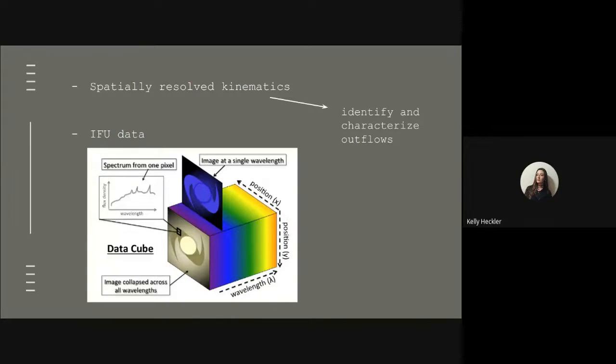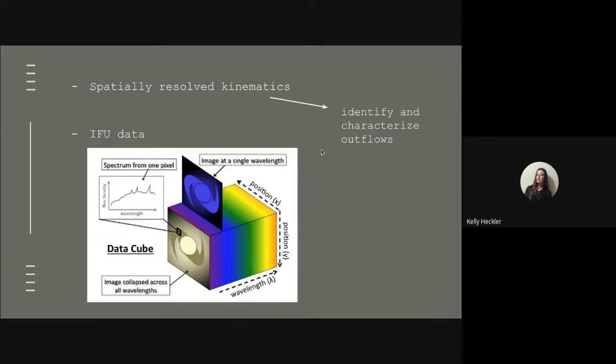Given the importance of the influence of AGN feedback on the environment in which it is inserted, we can identify and characterize the outflows to try to understand how they influence the galaxy's evolution. For this, we use integral field unit data capable of spatially resolving the outflows in the different phases of the gas.